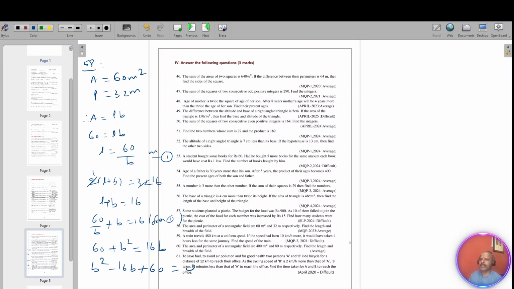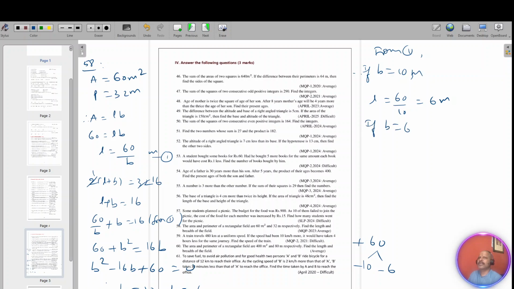So for the 60, factors become 10 and 6, which make 60, and both are minus, so the product will be plus 60 and the addition minus 16 will come. Therefore on solving, B we get 10 and B 6. For both you have to define the length and breadth. If B equal to 10, from 1 length equal to 60 by 10, that is 6 meter.